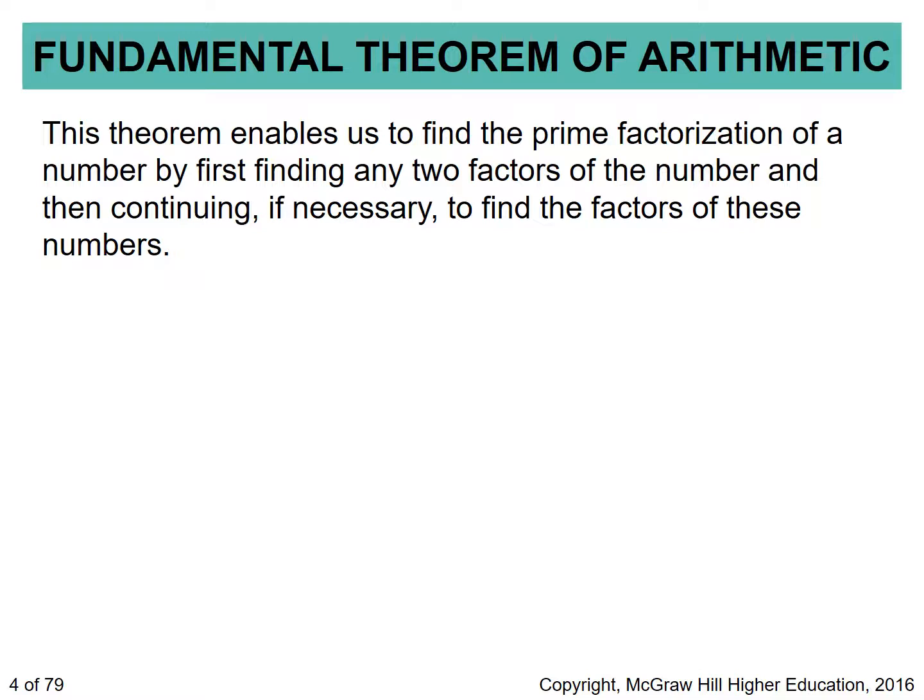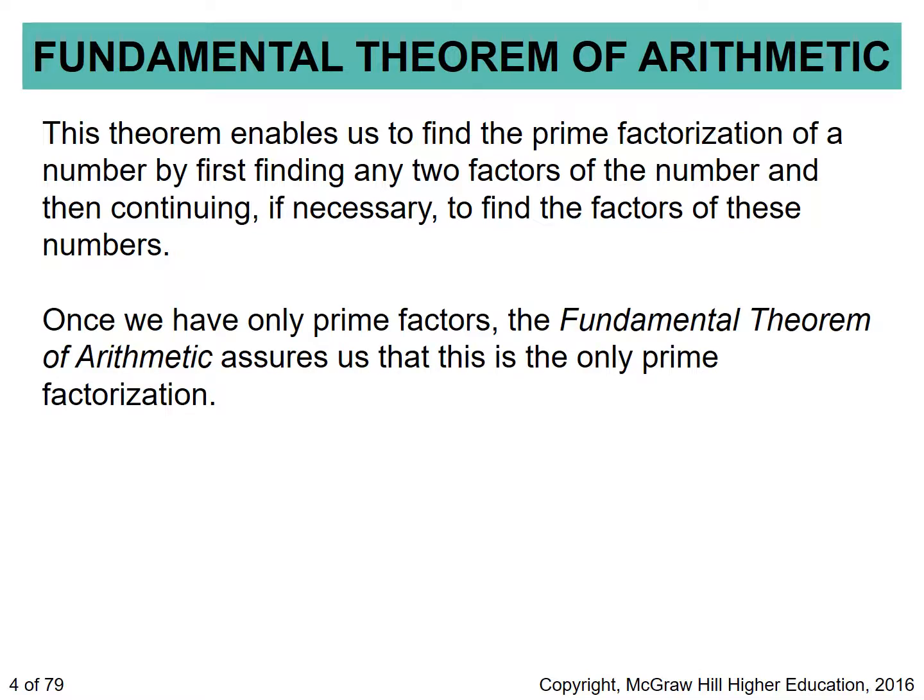So once we understand factors, then we can work with fractions and work with polynomials, and we understand multiples. We can do the same thing. And we can do this because this fundamental theorem of arithmetic assures us that there's only one prime factorization.